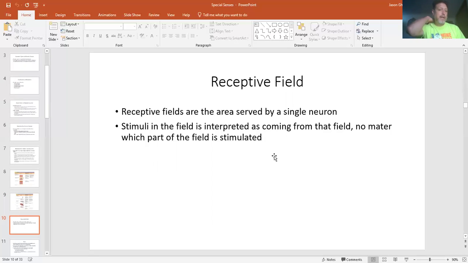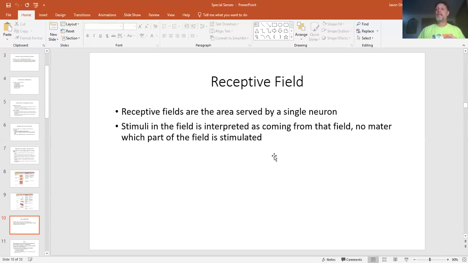But on your back, where you don't need to know that, you'll have one nerve that'll stretch over a large area. So if you get touched in one spot, you might think it's a little bit different area, so it's kind of hard to locate the area because, again, it's one nerve covering a larger area. That's what the receptive field is talking about.